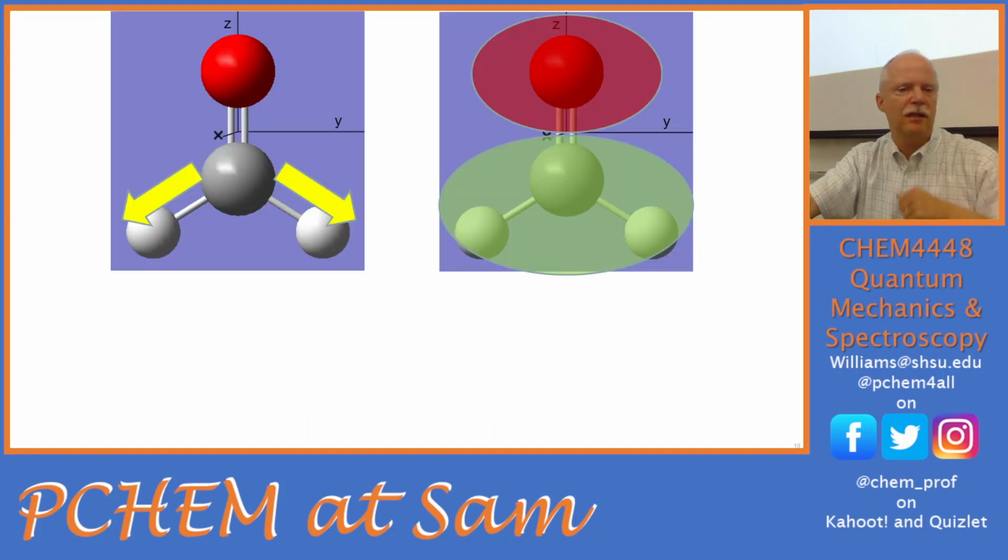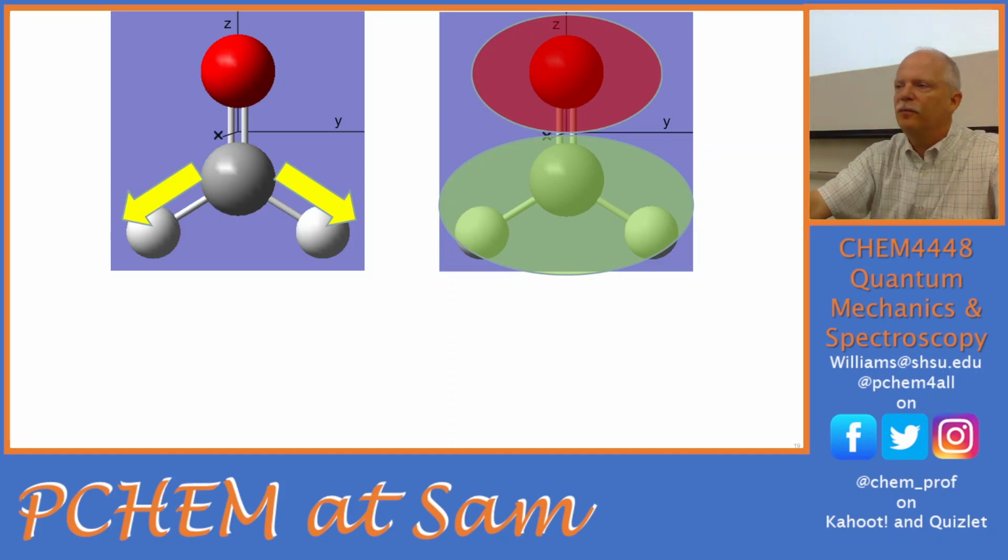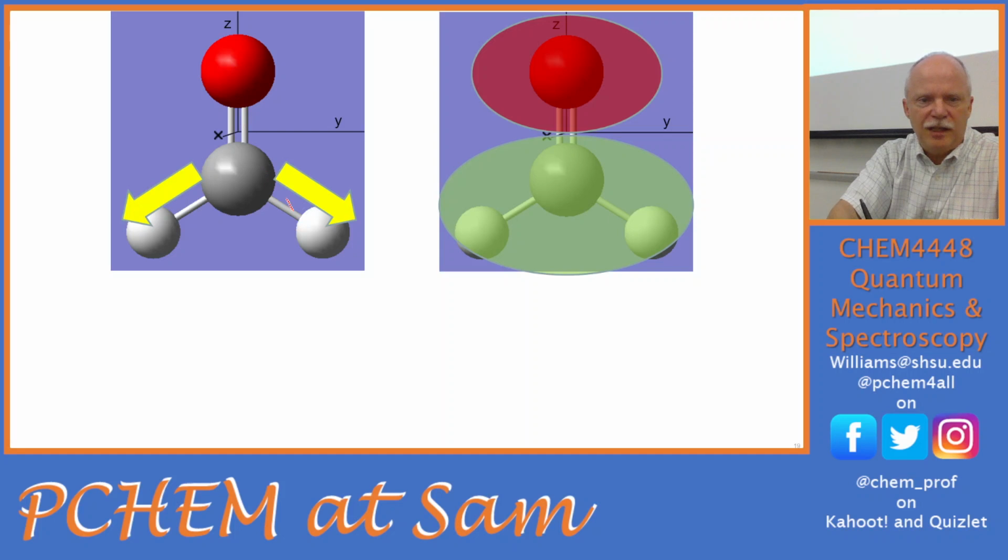Now let's practice on assigning some of these. Here's a different molecule than water. This is formaldehyde. Here we have the coordinate system. It's actually on the center of mass this time. So let's look at the z-axis. We have a change in z here with these arrows.